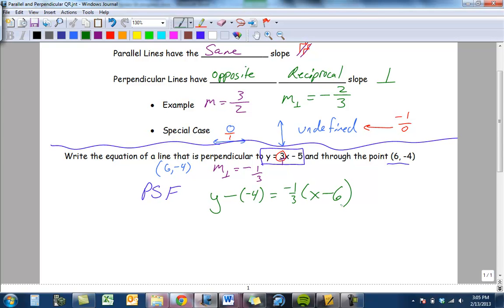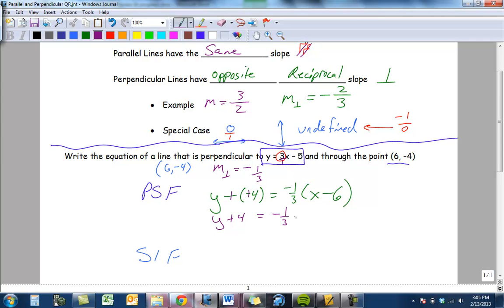Now, minus negative, make that add the opposite, and you get y plus 4. If they want the answer in slope-intercept form, first thing you do is distribute. So you got y plus 4 equals -1/3 x.